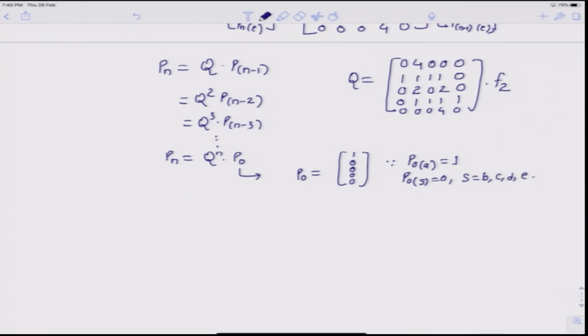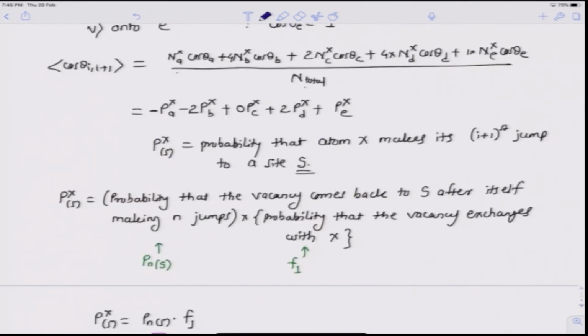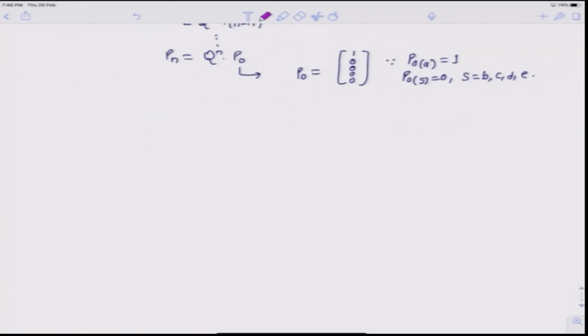Now, let us try to work on it further. So, if we substitute back into the expression for C here, so we substitute for PAX, PBX, PCX, PDX and PEX in terms of Pn of A times F1, Pn of B times F1 and so on, we will get C equal to minus Pn of A minus 2 times Pn of B plus 0 times Pn of C plus 2 times Pn of D plus Pn of E, times this factor F1 here.